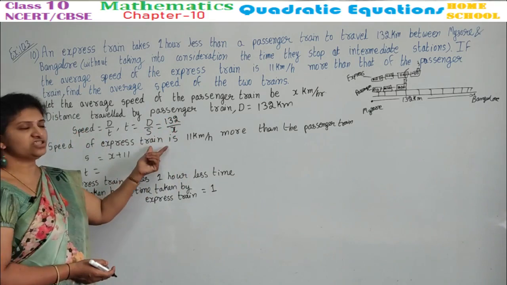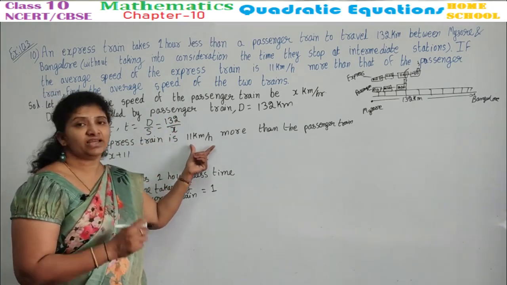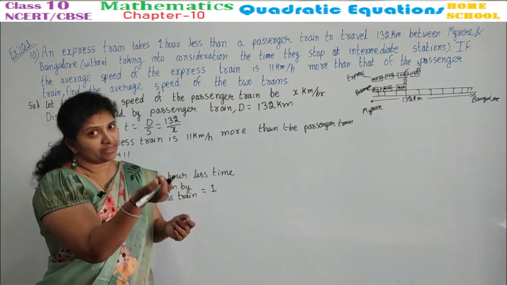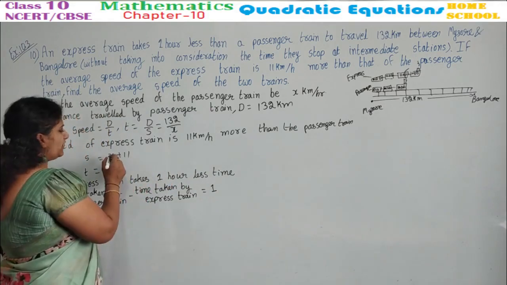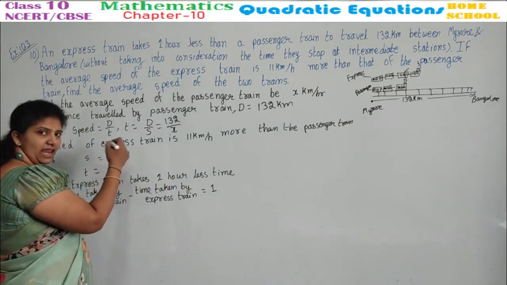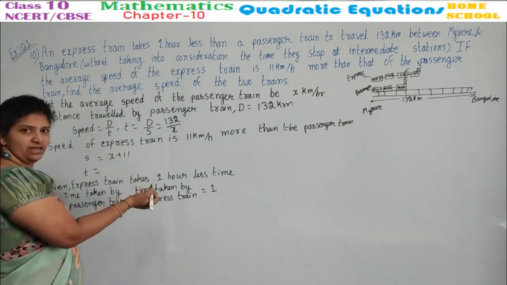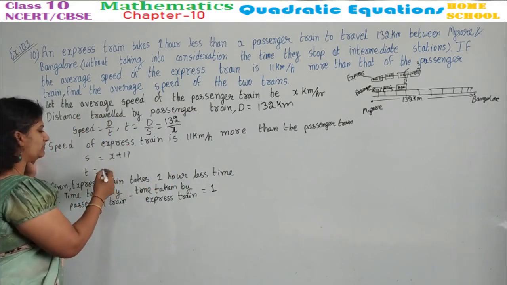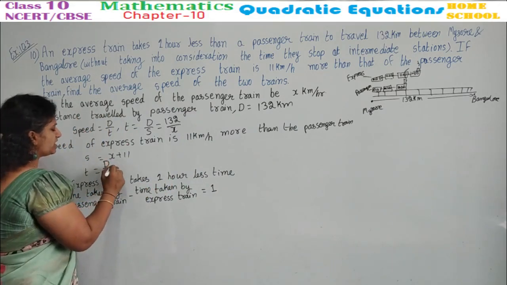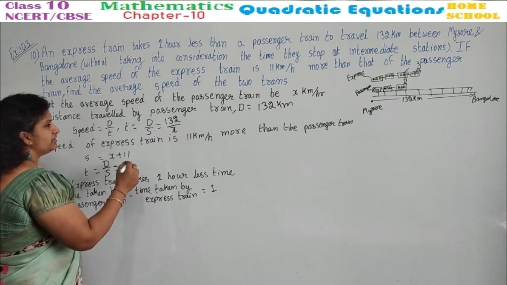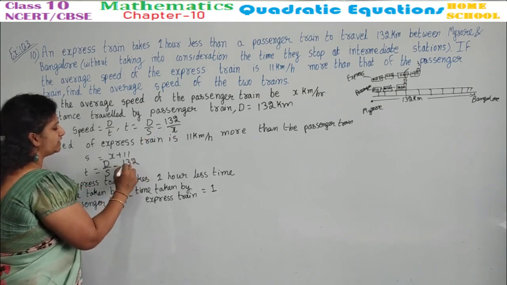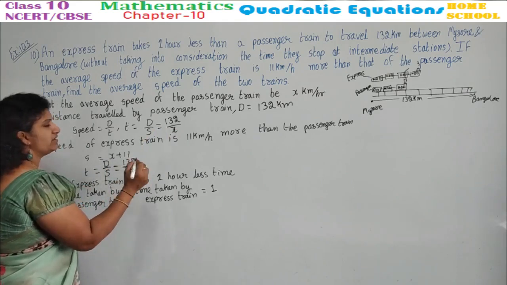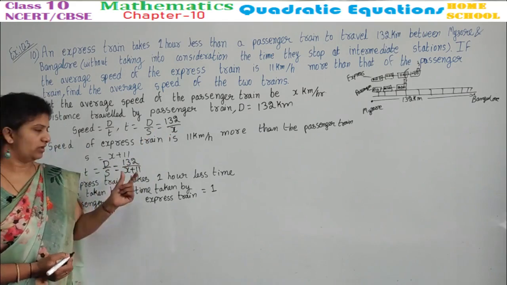The speed of the express train is 11 kilometers per hour more than the passenger train. What is the speed of the passenger train? x. 11 more means x plus 11. Then in the same manner, time is equal to distance by speed. The distance won't change: 132 by the speed, which is x plus 11. Okay.